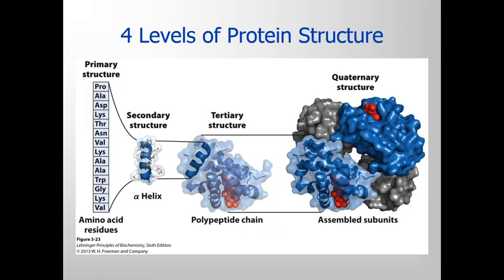Let us revisit this figure from Chapter 3. The structure of proteins, as shown here, can be described at several levels of complexity, arranged in a kind of conceptual hierarchy. Right? You have the primary structure, then secondary, tertiary, and then quaternary structure.